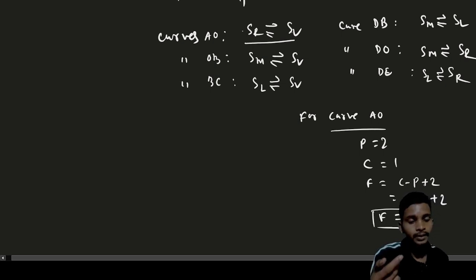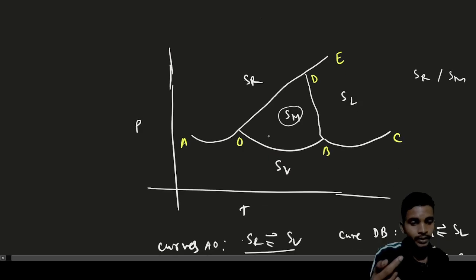So if any point is present on these curves, suppose x, to explain this we need only one variable. So only one point is needed.